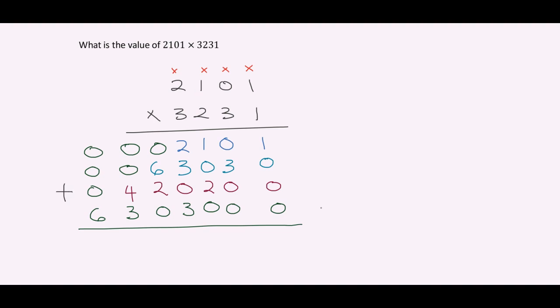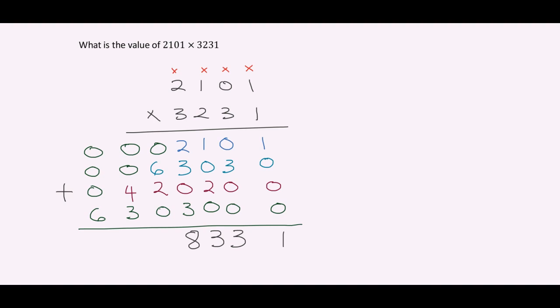Let's add them together. So 1 plus 0 plus 0 plus 0 gives us a 1. 0 plus 3 plus 0 plus 0, that should give you a 3. 1 plus 0, 1 plus 2, 3 plus 0, 3. 2 plus 3, 5 plus 0, 5 plus 3, 8. 0 plus 6, that's 6.